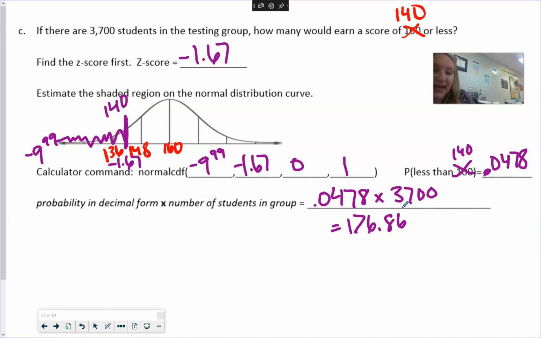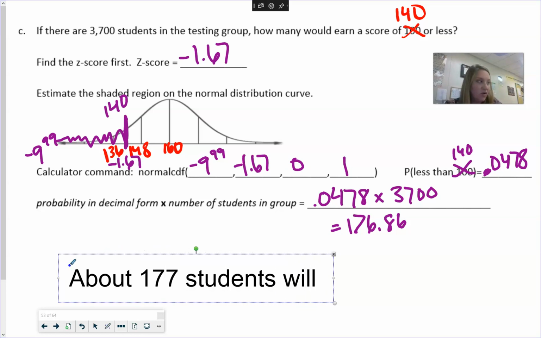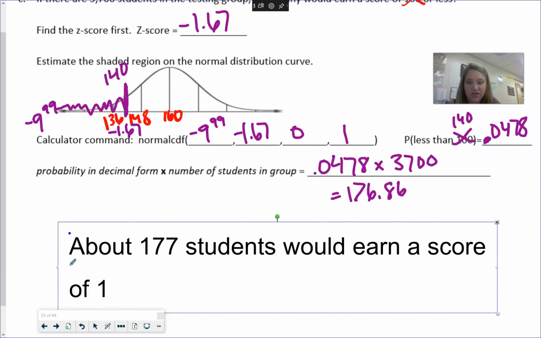Okay, so we're going to say about, let me type. So about 177 students would earn a score of 140 or less.